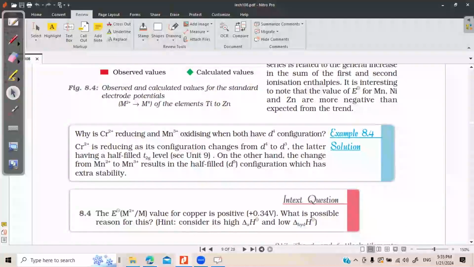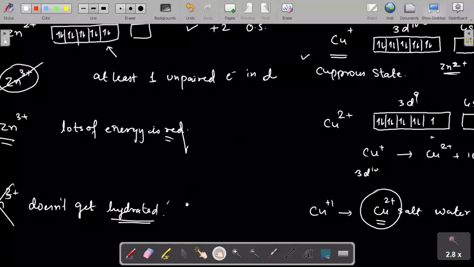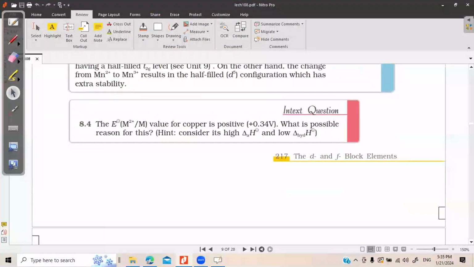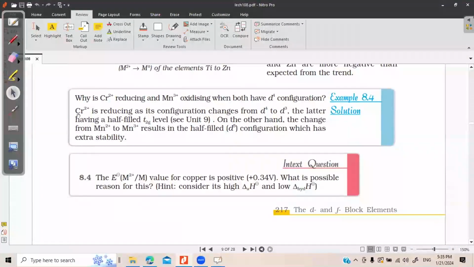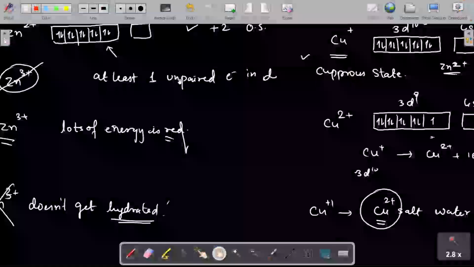So let us write this configuration first. Cr +2 is reducing, configuration d4 to d3.